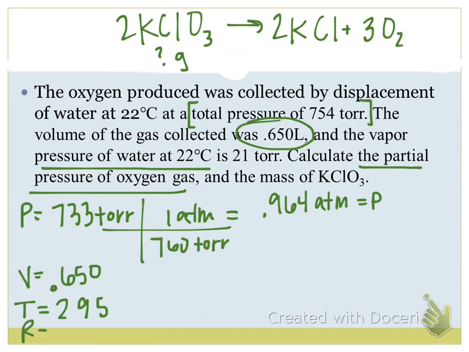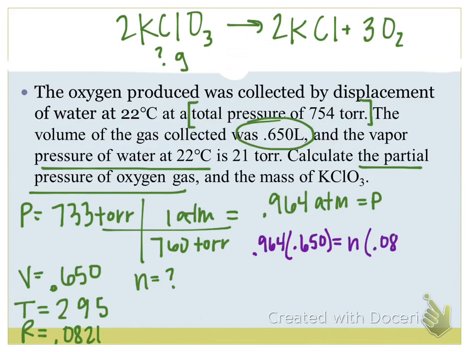And then I always know my R value. That means I'm solving for the number of moles of oxygen gas. Pressure was 0.964. V, 0.650 equals n times R times T.